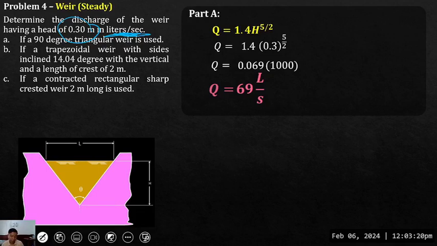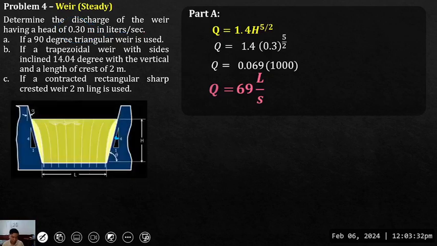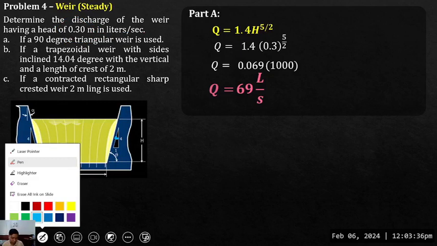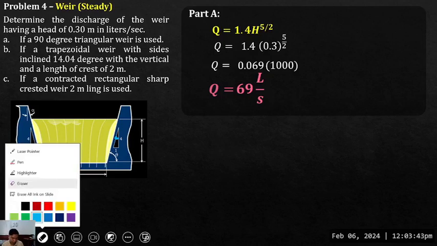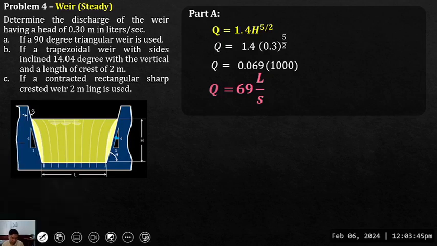Letter B, if it's a trapezoidal weir with sides inclined 14.04 degree with the vertical. Ayan, so if i-check mo sa Cipolletti, again, yung Cipolletti, that is 1 horizontal, 4 vertical. No? Bali ganito. One horizontal, 4 vertical.